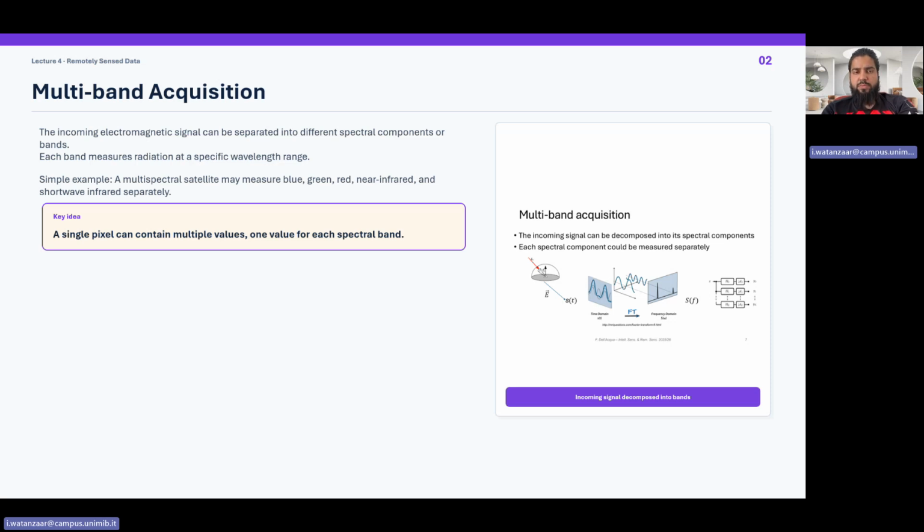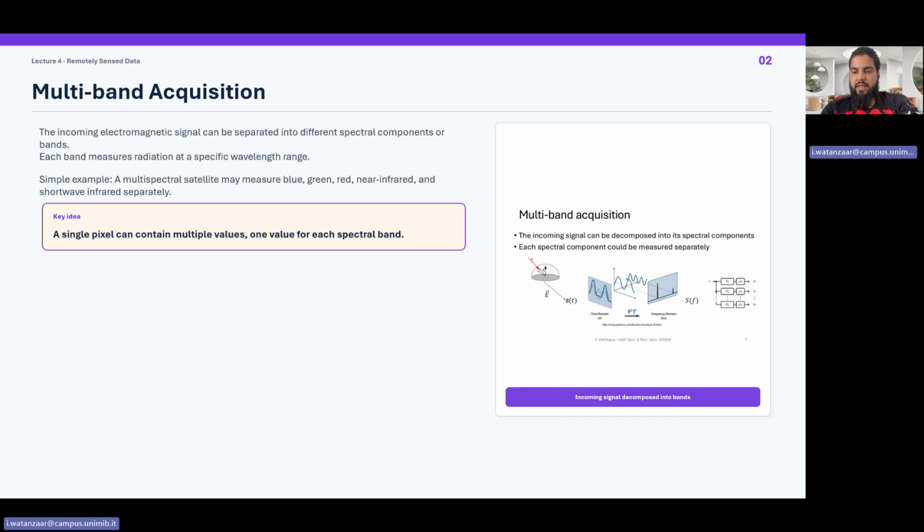Each band measures radiation at a specific wavelength range. As I said, they look at the incoming, bounced-back electromagnetic wave across multiple wavelengths, capture it, and make each one a band. A simple example is that a multispectral satellite may measure blue, green, red, near infrared, and shortwave infrared separately.